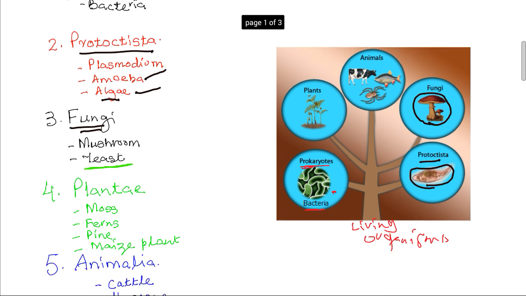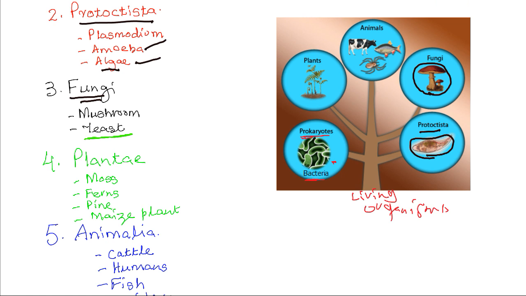Then there is the kingdom Plantae. The kingdom Plantae is one of the commonest and consists of the common plants such as the maize plant, the garden pea, the mango tree. Now, apart from those very common plants, it also consists of the pines, the cypress, the ferns, like this here, this is a fern plant, and the small plants known as the mosses that usually grow in damp, shaded places.